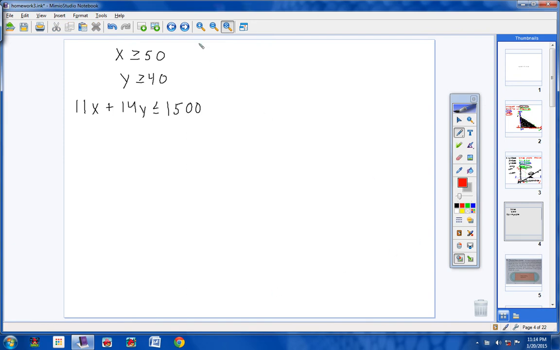Okay, students, now let's talk about this first inequality here. We know it's going to be a vertical line at 50, okay? And we know this line here will be a horizontal line passing through the y-axis at 40. Now, for this last line, we're going to put 0 in for y to get the x-intercept, and then put 0 in for x to get the y-intercept, okay? So here we go.